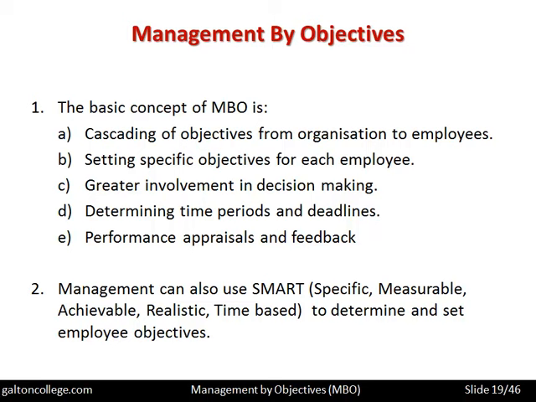They shouldn't be asked to try to achieve some outcome that's not realistic. It should be within their capability. And there should be some time dimension. They should be able to do it within an agreed time frame. So the SMART framework could be applied here in the context of management by objectives.